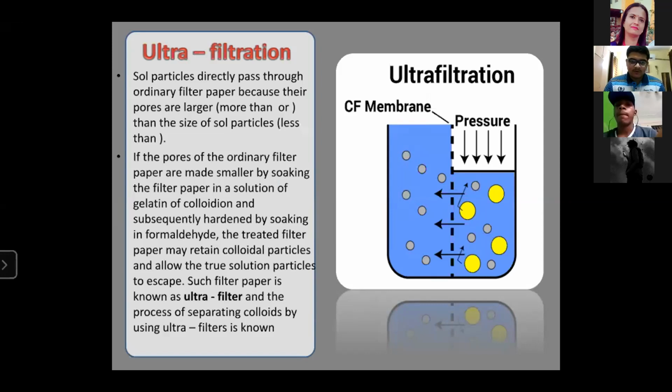If the pores of the ordinary filter paper are made smaller by soaking the filter paper in a solution of gelatin or collodion and subsequently hardened by soaking in formaldehyde, the treated filter paper may retain colloidal particles and allow the true solution particles to escape. Such filter paper is known as an ultrafilter, and the process of separating colloids by using ultrafilters is known as ultrafiltration.